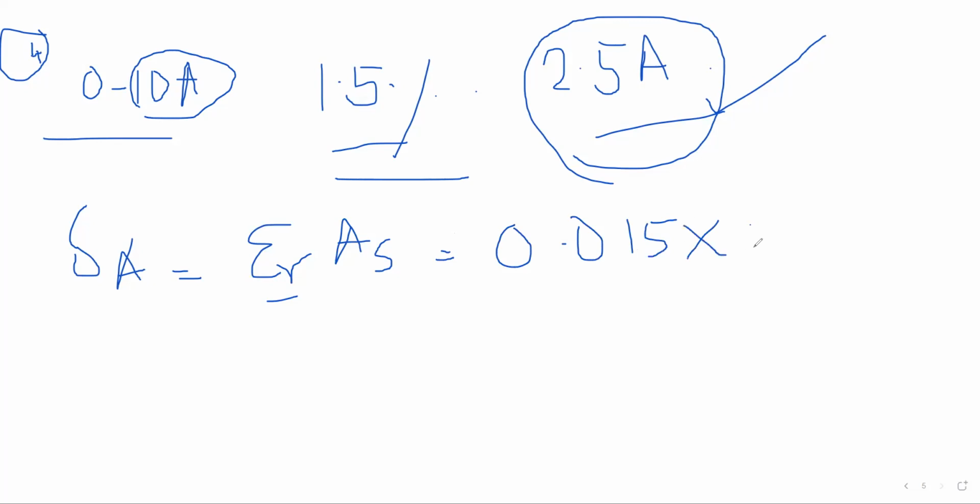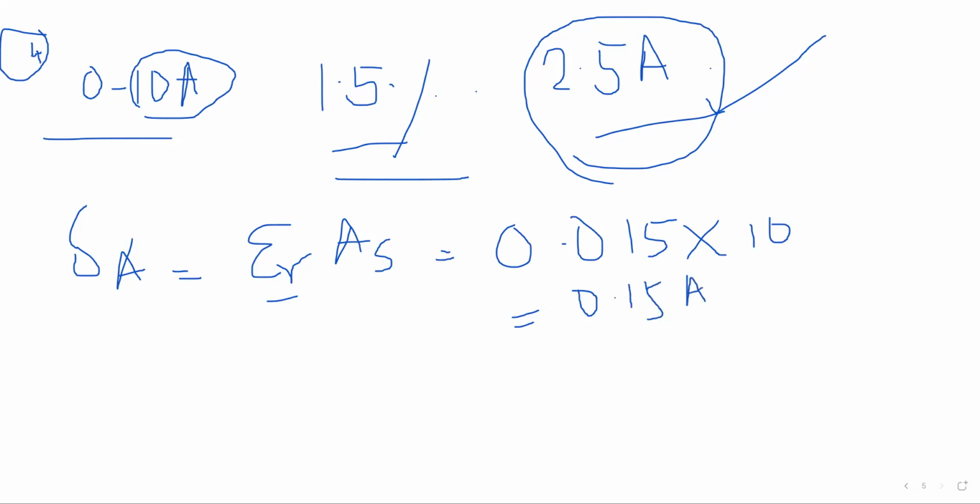By 10. 10 is my AS. Clear? So what is the value coming? 0.015 multiplied by 10. The answer is 0.15. So this is my del A, 0.15 ampere.